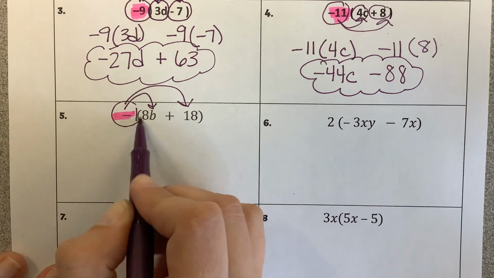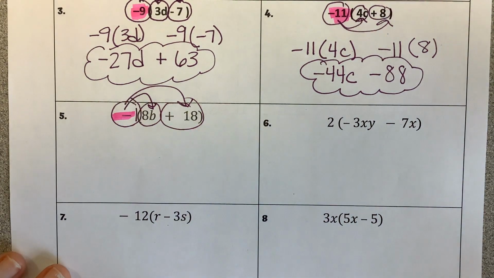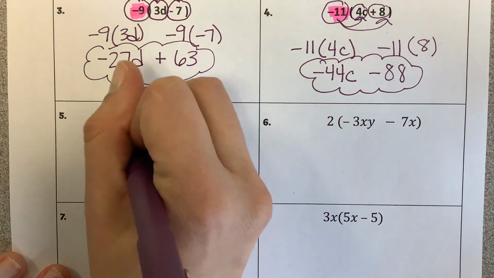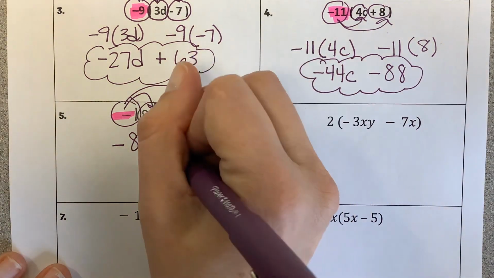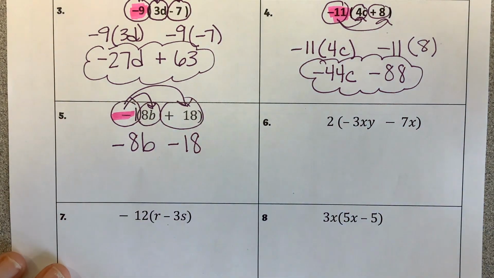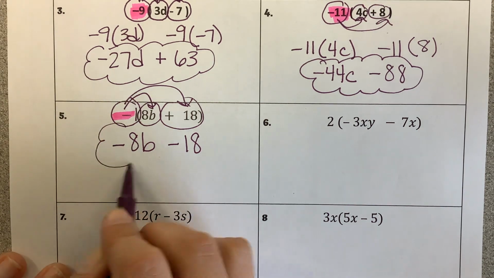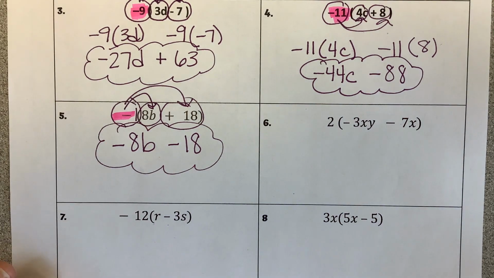We have a negative being applied to positive 8b and positive 18. So -1 times 8b is going to be -8b. Negative 1 times positive 18 is negative 18. So I could technically do plus negative 18, but the most simplified would just be to write negative 8b minus 18.